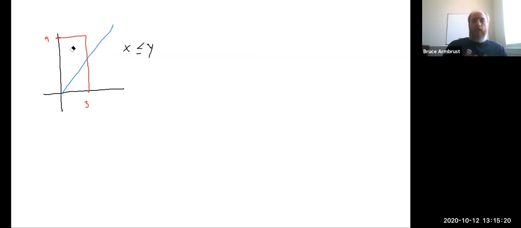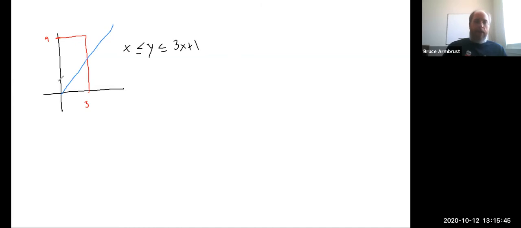But we were also told that we want y to be less than or equal to 3x plus 1. So if you ignore the x bit now, we just want y to be less than or equal to 3x plus 1. We could do the same thing and draw a line for 3x plus 1. Let's make it green.